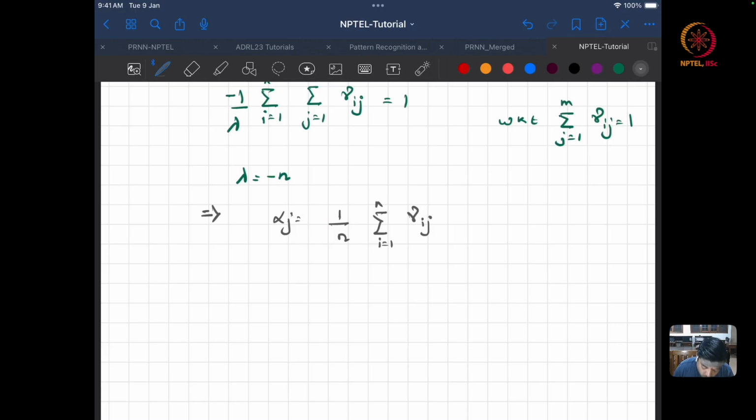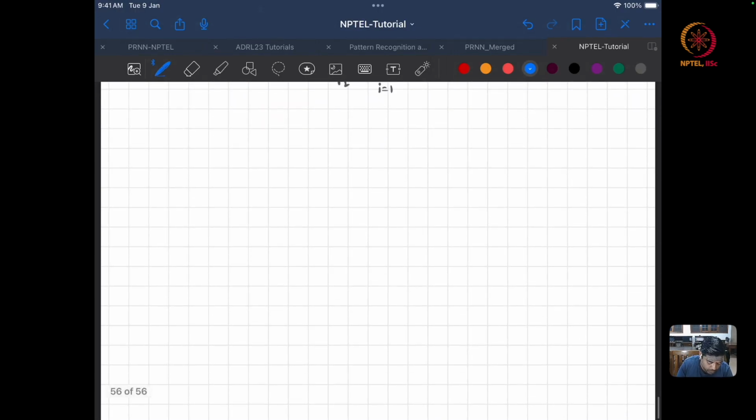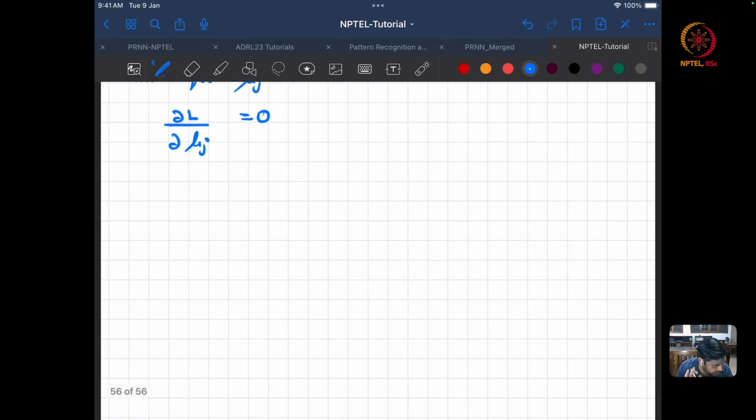So let's do that. Now this is one parameter done. Now for mu j, what do you do? You take L, take the partial derivative with respect to mu j and equate it to 0. Okay, so very straightforward, simple calculations. We have already done this, but it involves a bit more algebra in this case.